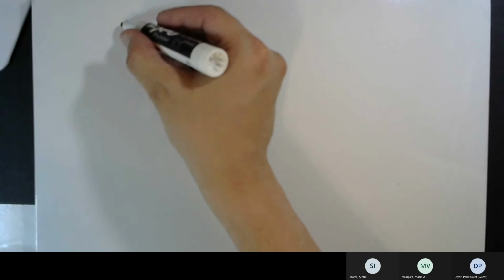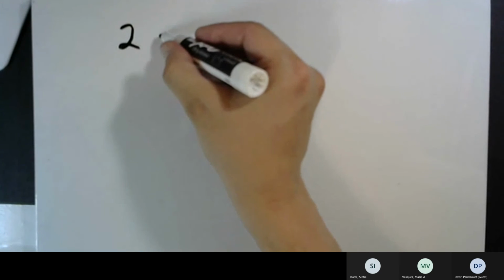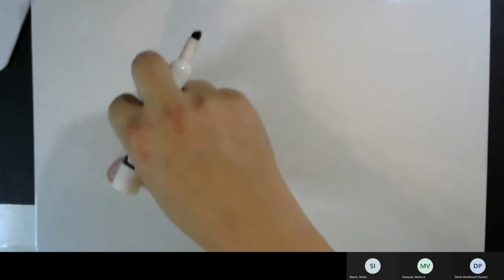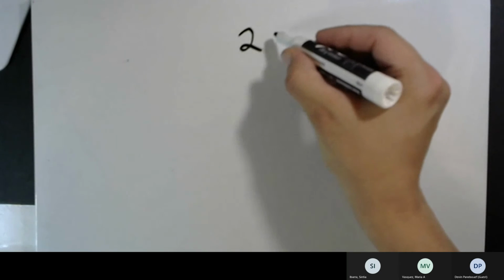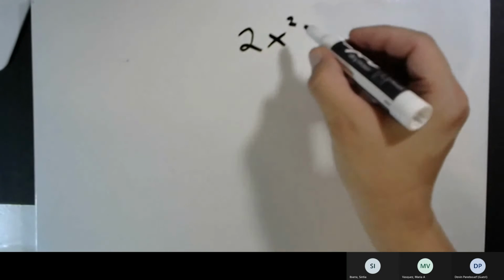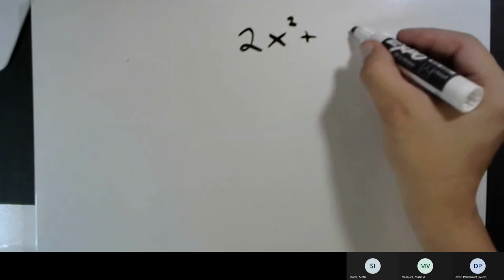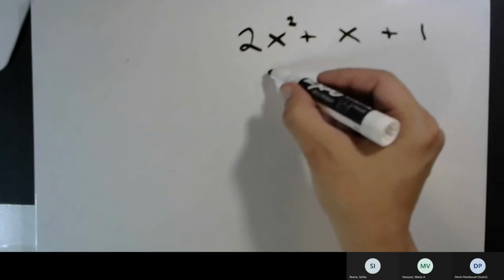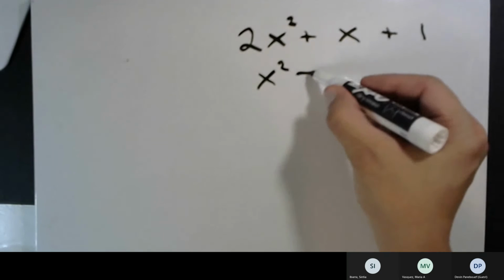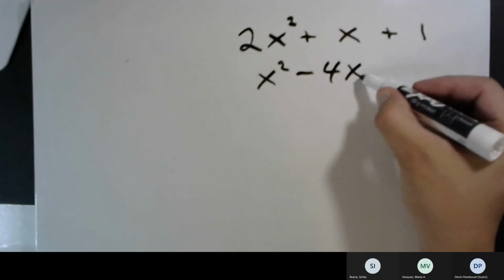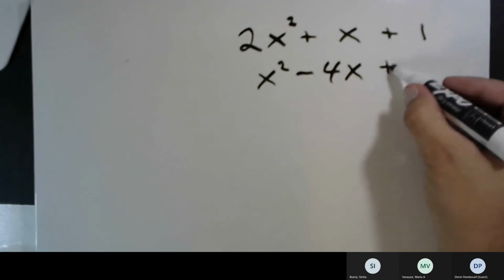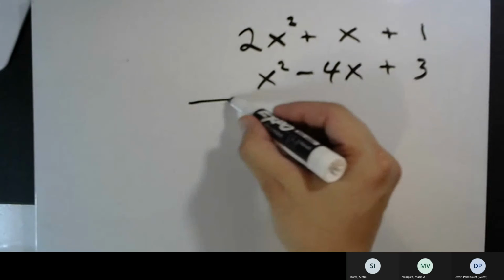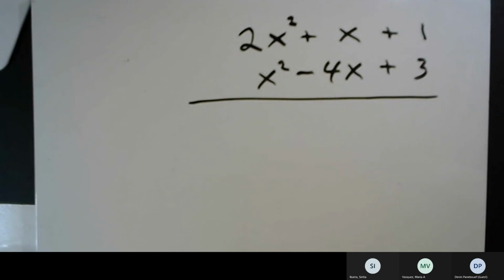So let's say we're going to do the same multiplication. Now, this is what's called the column method.